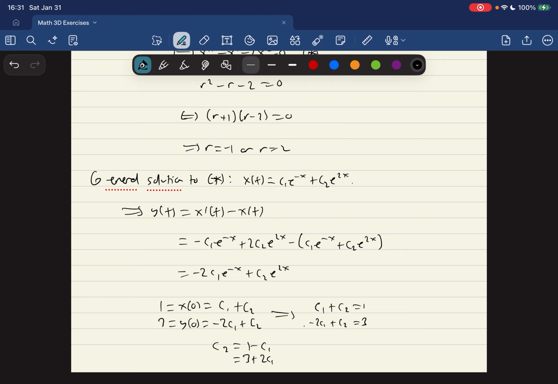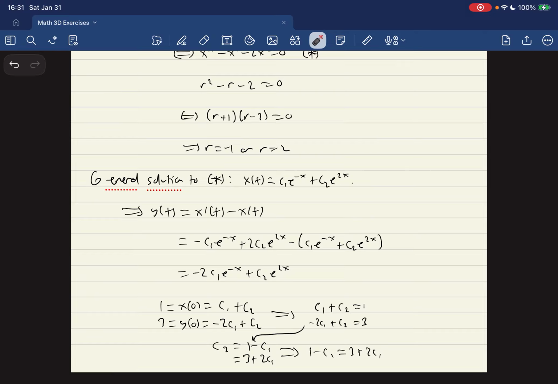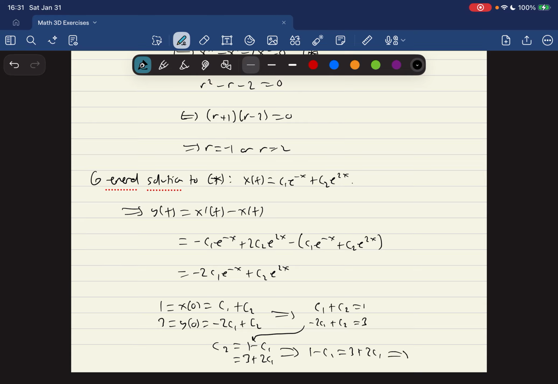And so, if I set these equal to each other, 1 minus c1 equals 3 plus 2c1, well, minus c1, if we add it over here, becomes plus, so this becomes 3c1. And then if I subtract 3 over here, we get negative 2. So this gives us that c1 should be negative 2 over 3.